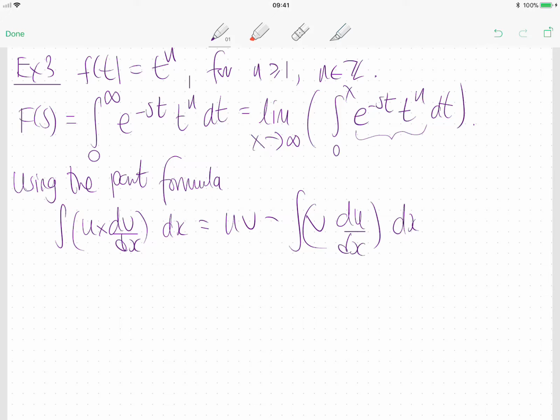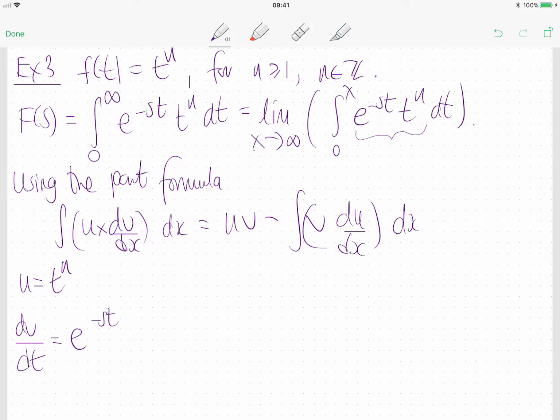So in our case, we're going to let u be t to the n, and dv/dt, because our x and t should change here, we're looking at the variable representing time, dv/dt is e to the minus st.